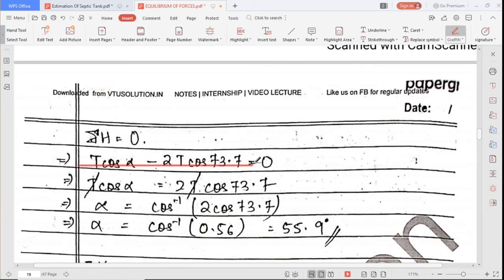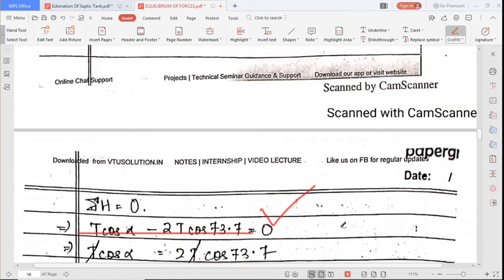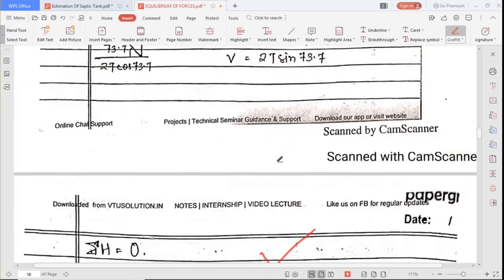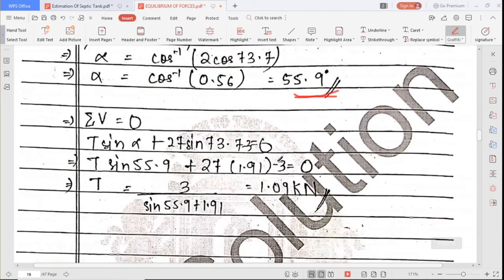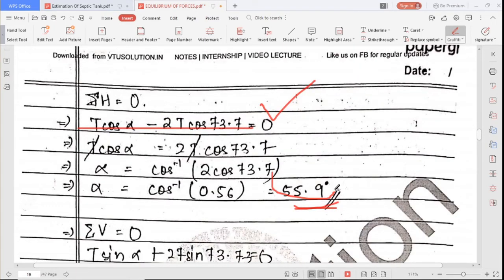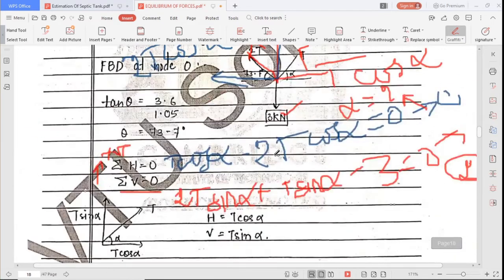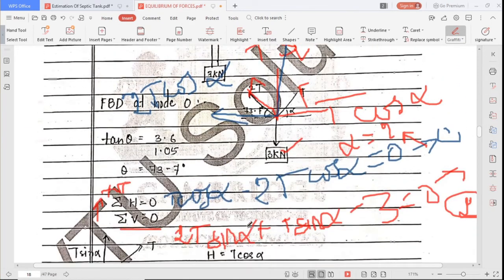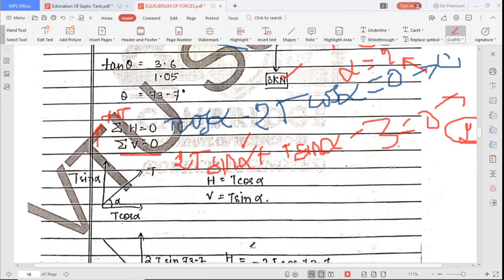First equation becomes T cos alpha minus 2T cos 73.7 equal to 0. So alpha is equal to 55.9, and by the second equation, after finding the alpha value, you substitute it in the sin alpha value.